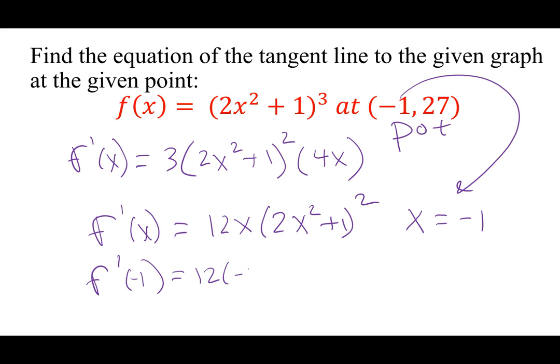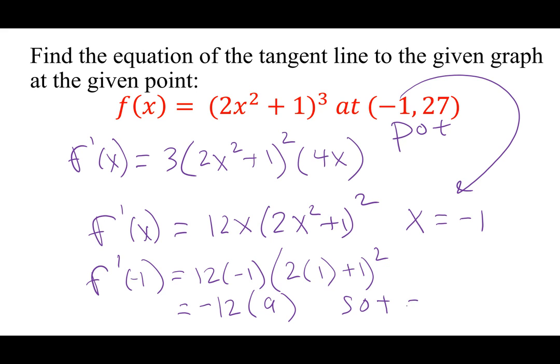So 12 times -1 times (2 times (-1) squared, which is +1, plus 1) squared. That's going to give me -12. And then 2 times 1 is 2, plus 1 is 3, squared is 9. So that is going to give me the SOT, which is the slope of the tangent line, which if you multiply -12 times 9, you're going to get -108.